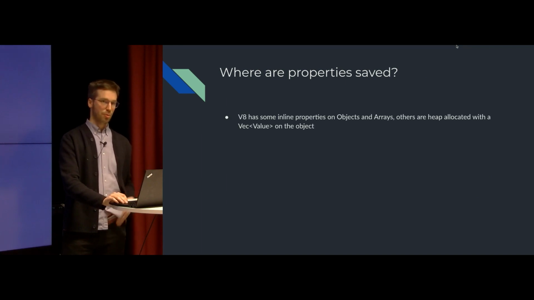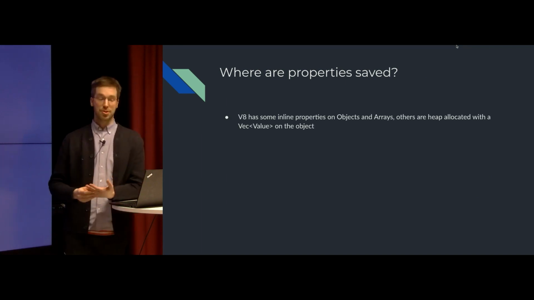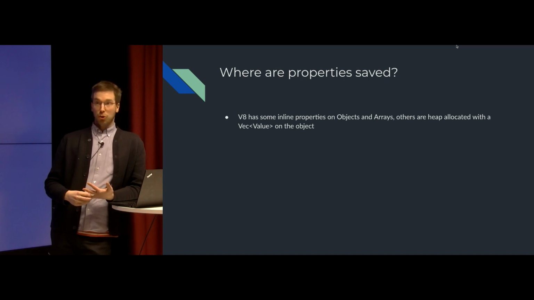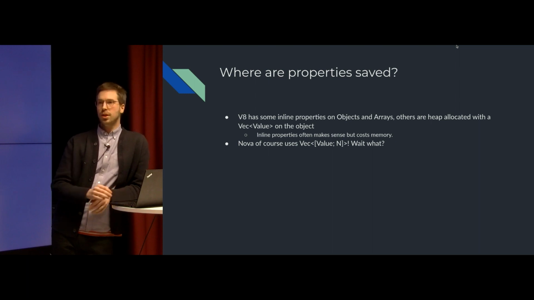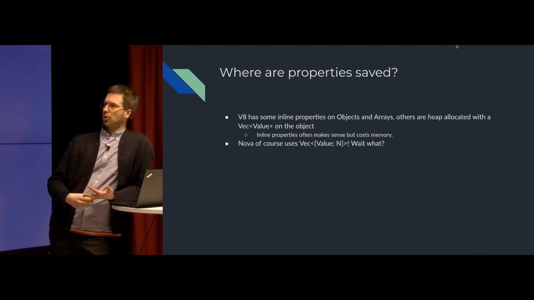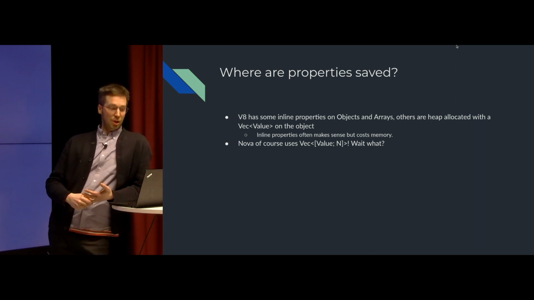Okay, so where are these saved properties? You would normally think you would put stuff into a vector on the heap with a vector of values, and you would maybe inline some properties, but we have a heap vector or multiple heap vectors of arrays of values.